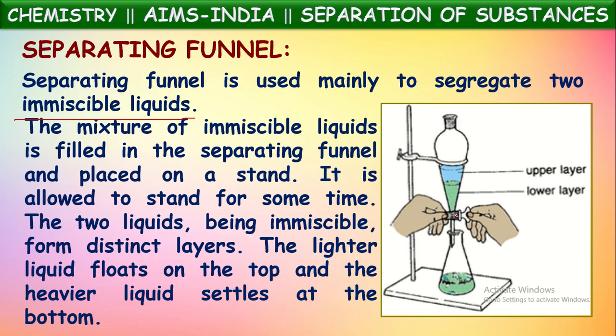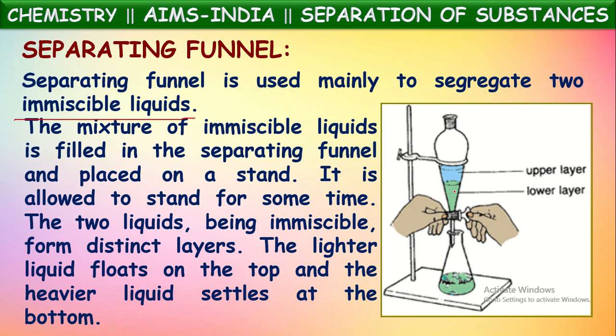Now the mixture of immiscible liquids is filled in the separating funnel and placed on the stand. We take the mixture of oil and water into this separating funnel, and it is fixed to a stand. A conical flask is kept at the bottom of its neck. Now slowly the tap is opened.